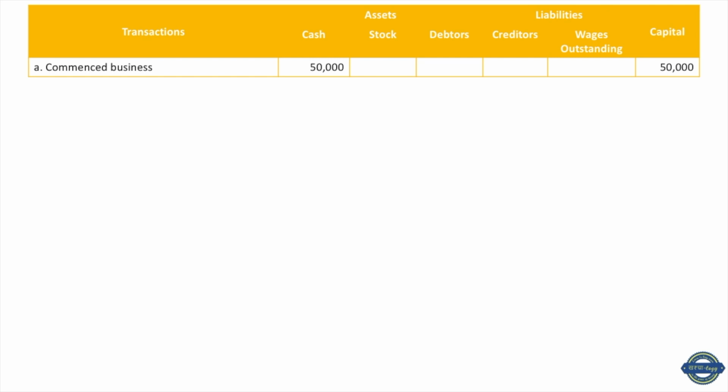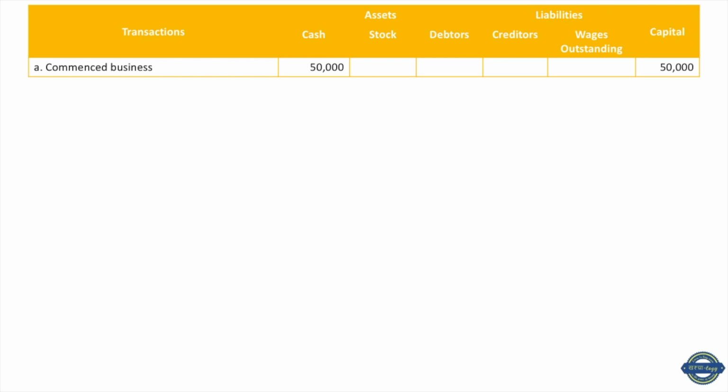I hope you have learned till now how we have designed the format, how we are going to represent this accounting equation. We will write the transaction first, then all the assets, then liabilities and capital. In assets, you will classify all the kinds of assets that have been transacted, and similarly for liabilities, and the last column will be for capital.